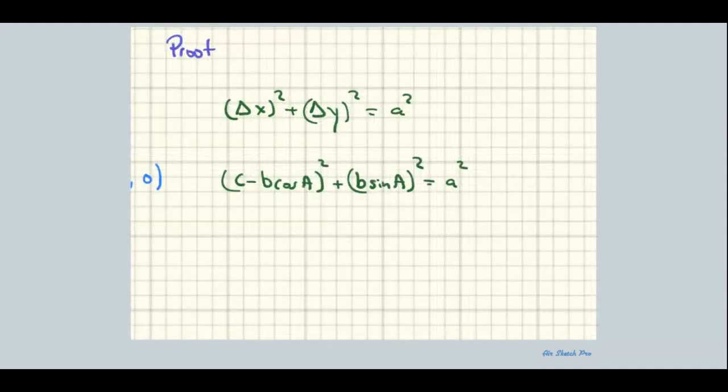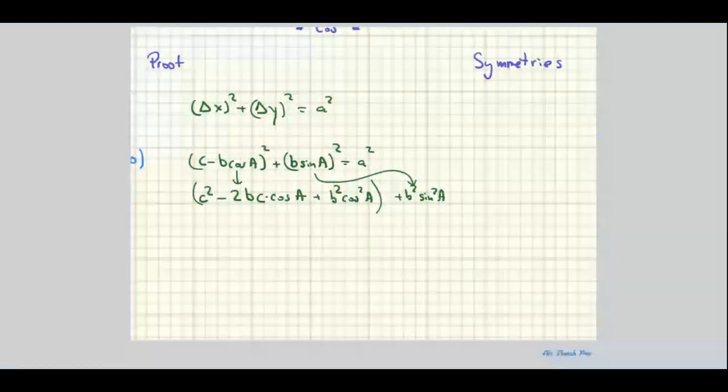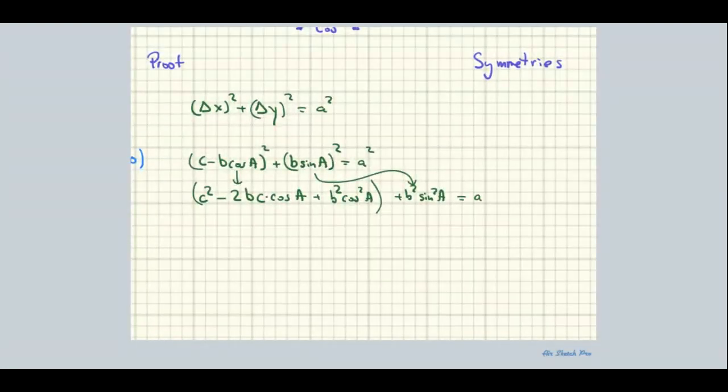The square here is going to be c squared minus 2bc cosine A plus b squared cosine squared A, and that's just from this term, plus b squared sine squared A, and that's from here, is going to be equal to a squared.